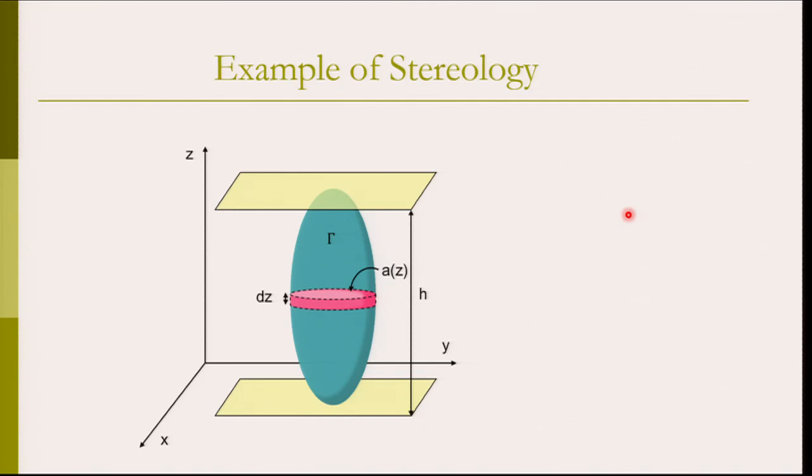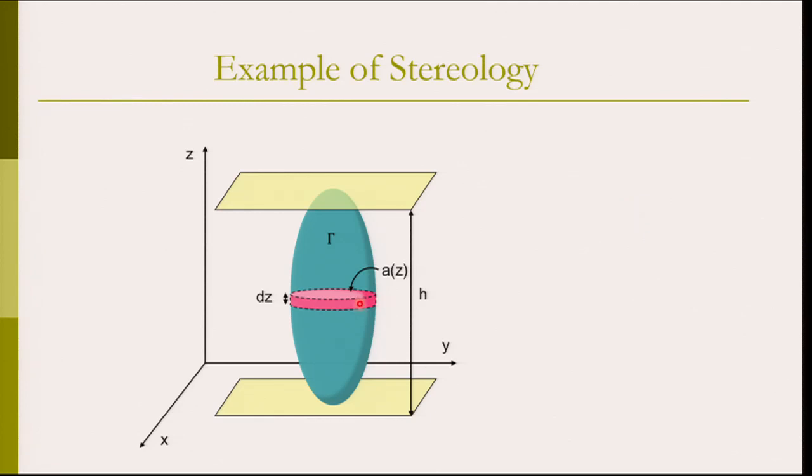Now, if we are supposed to calculate the volume of this object, we can look at the cross sectional area at a defined height dz.